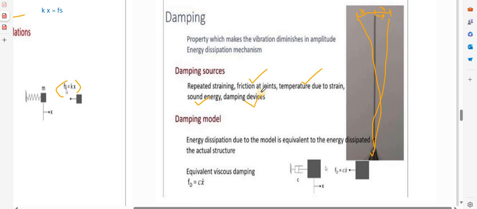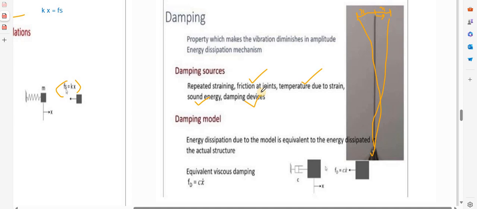For example, if I am constructing a large building, like a 100-story building or a 30-story building, during an earthquake the building will vibrate. So we will construct some damping mechanisms to reduce that vibration. So the relevance of damping comes there.